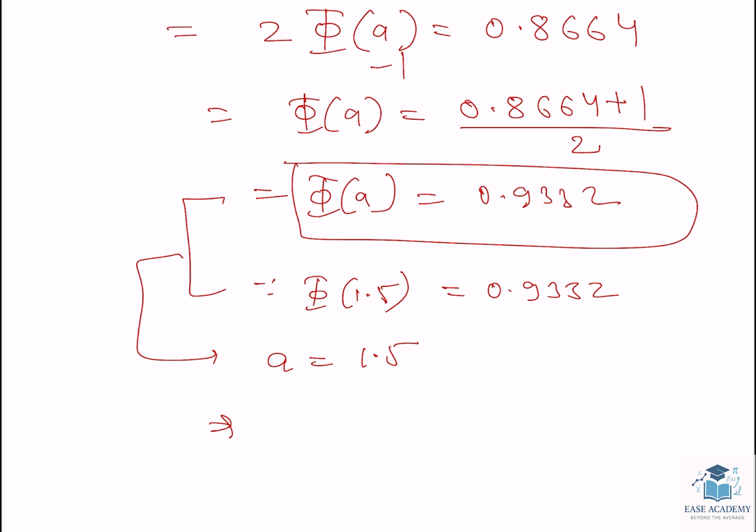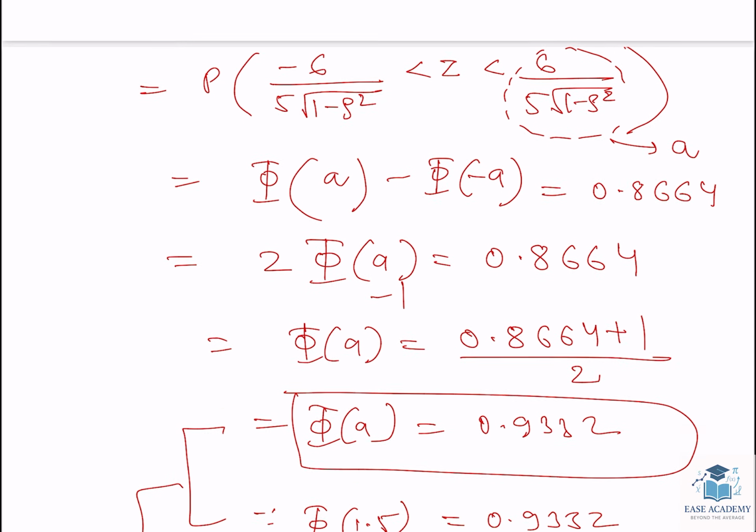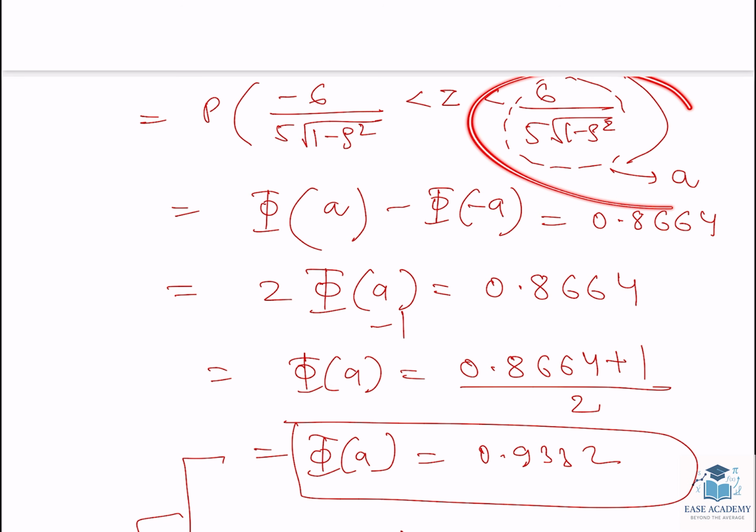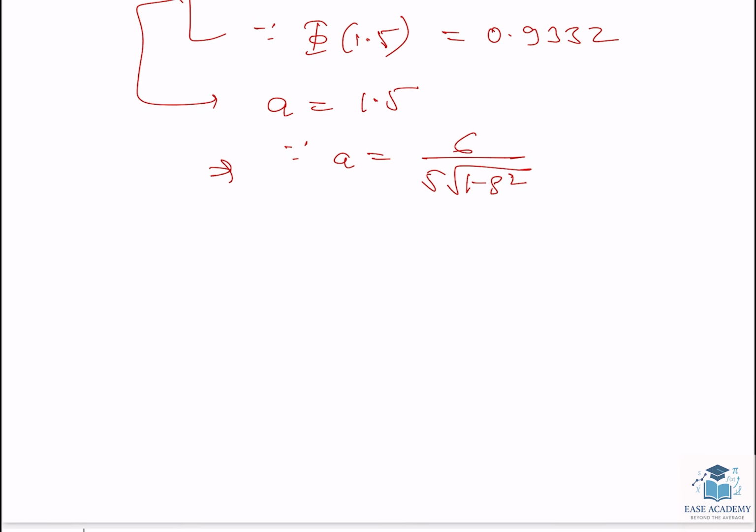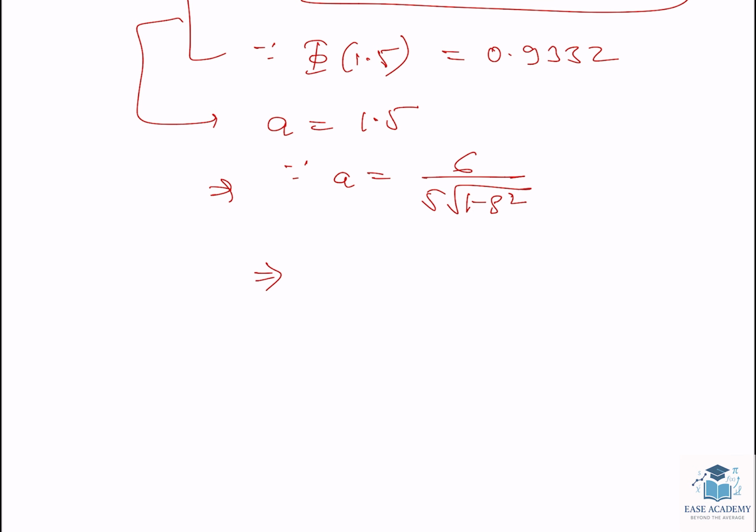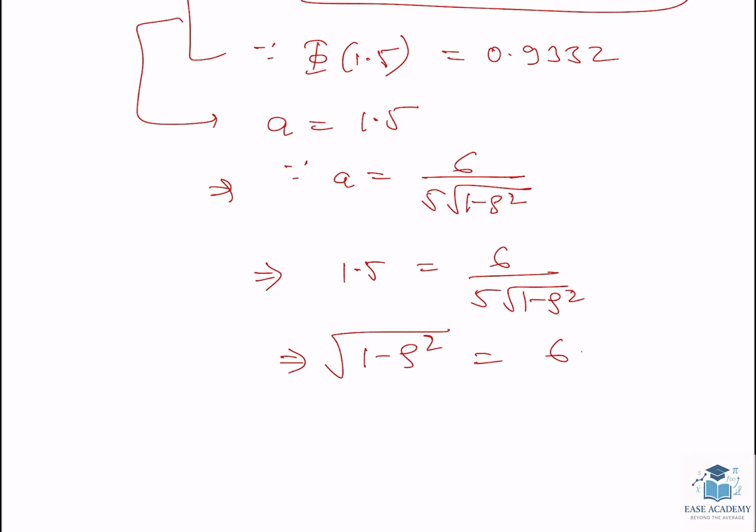Since a is 6 by 5 root of 1 minus rho squared, equating to 1.5, root of 1 minus rho squared is equal to 1.5 into 5 by 6.